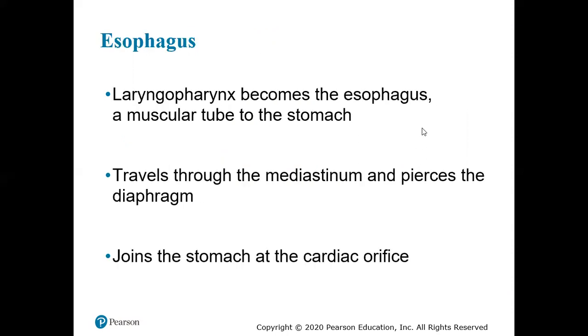The laryngopharynx becomes the esophagus, a muscular tube leading to the stomach, and it's going to join the stomach as the lower esophageal sphincter at the cardia portion of the stomach.